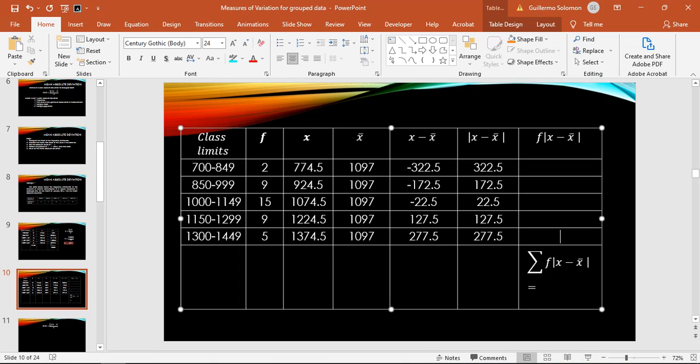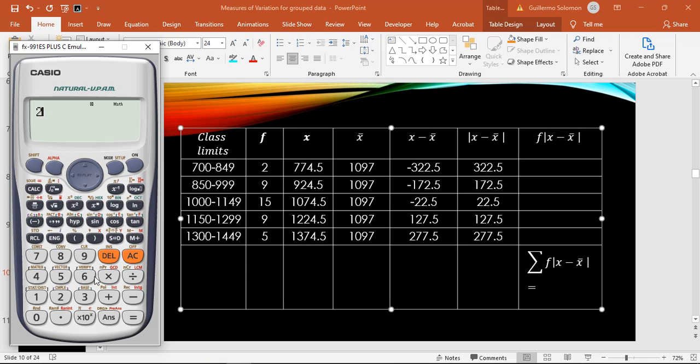Okay. So, yan. Compute na natin yung sa absolute value. And now, the last part or the last column here says that itong si frequency, i-multiply daw natin dito kay yung nakuha nating absolute value dito. Itong frequency multiplied by dito. Okay? So, mangyayari niyan, ganito.